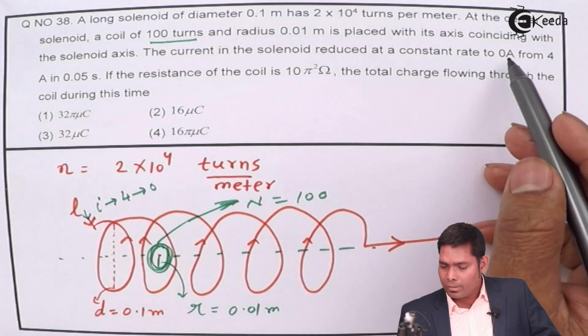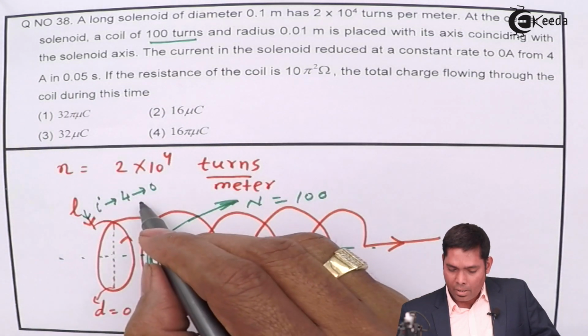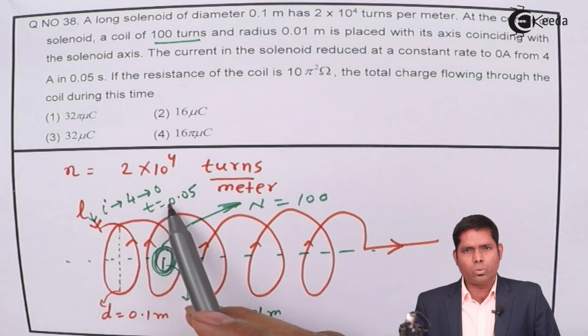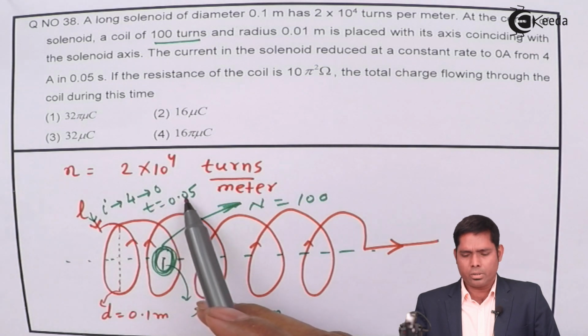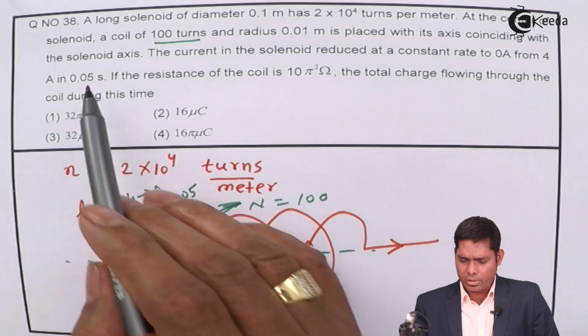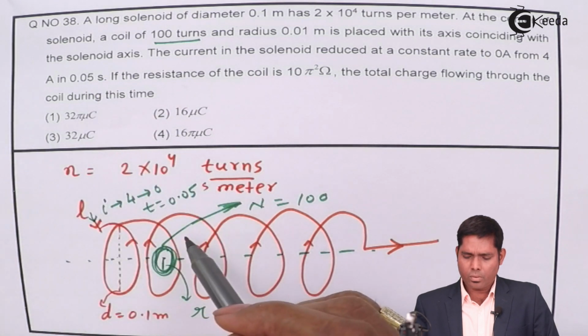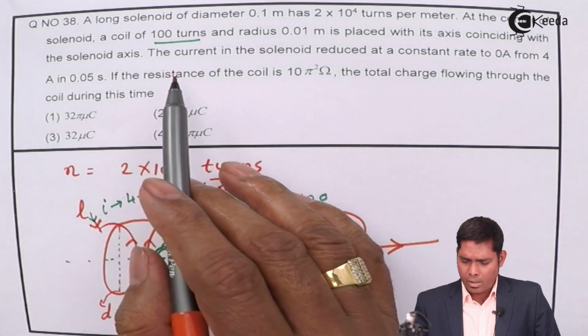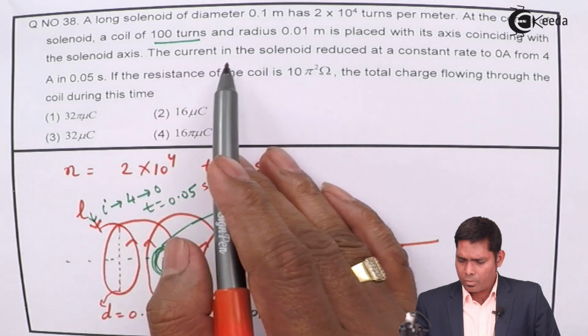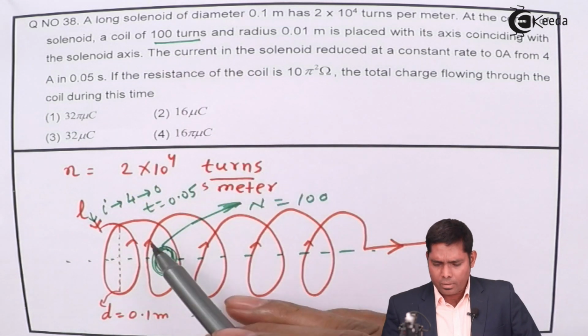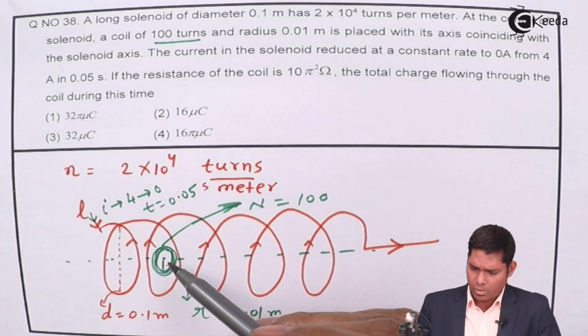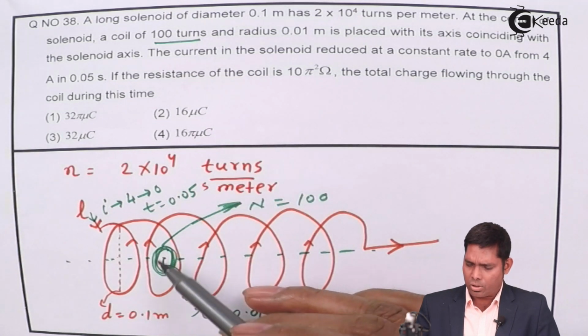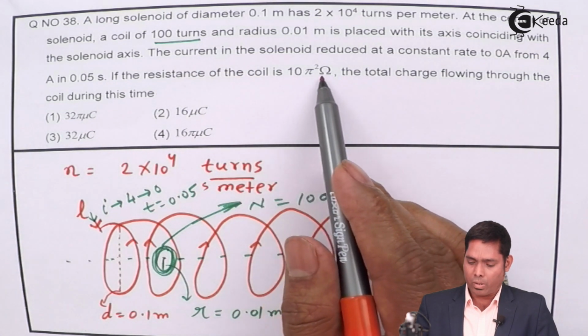The current goes from 4 to 0 in time t equals 0.05 seconds, and the coil has a resistance of 10 pi square ohms.